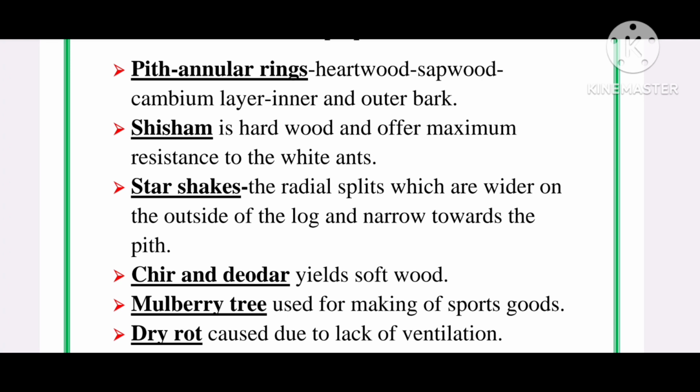And one more thing is medullary rays. The medullary rays are thin radial fibers extending from the pith to the cambium layer, and they hold together the annular rings of hardwood and sapwood. One ring is added every year, which decides the age of the tree.